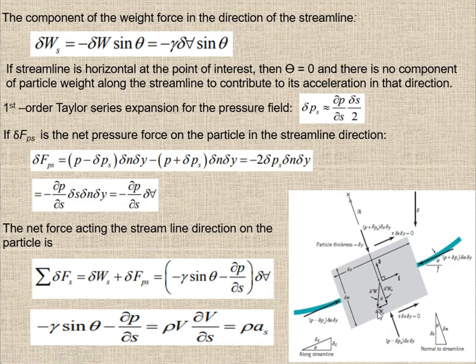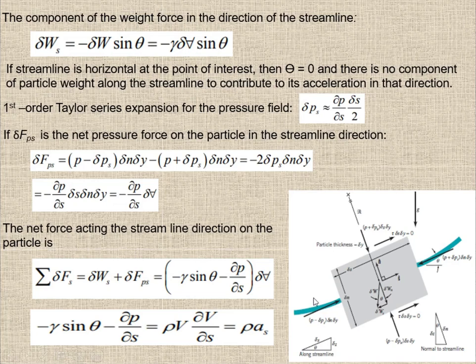Only one force is perpendicular to the streamline. So this is the gravity force acting along the streamline, and we have finally found it: it is equal to minus gamma times volume times sine theta.